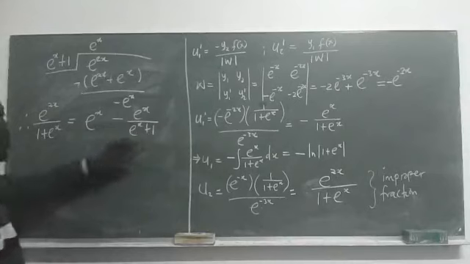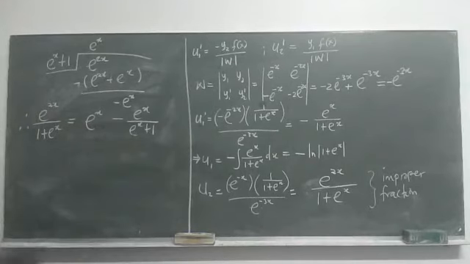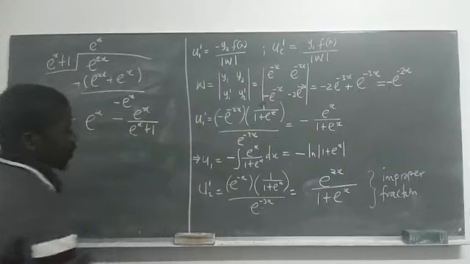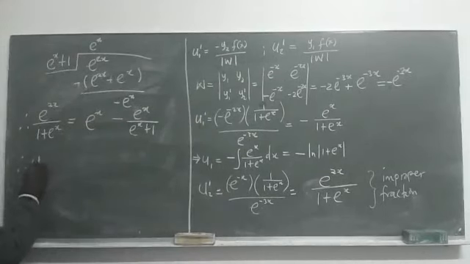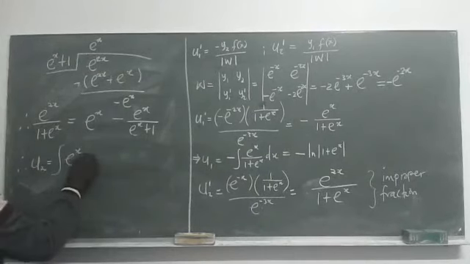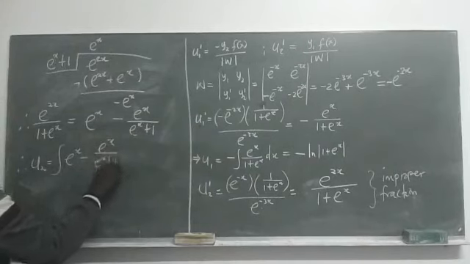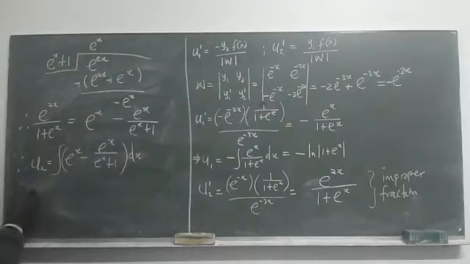So this is another way of writing that. Now I can integrate. Now I'm going to integrate to get u2. So I'm going to integrate this whole thing minus e to the x over e to the power of x plus 1, everything dx.